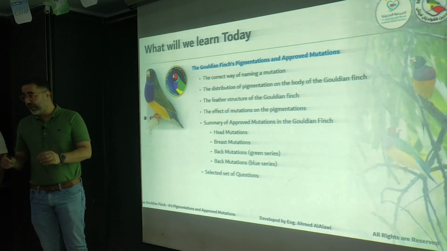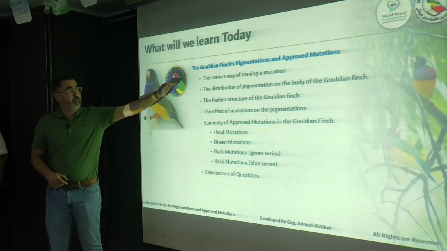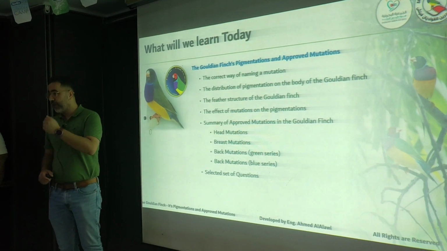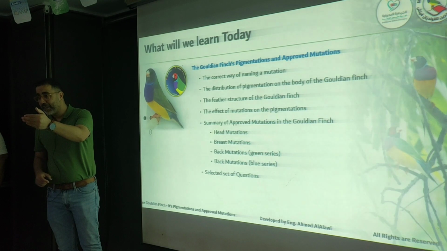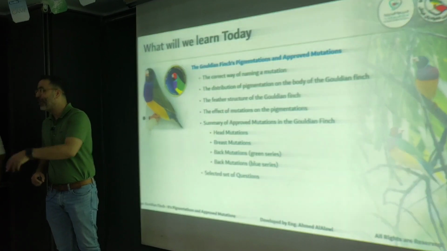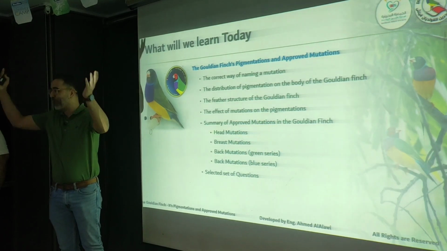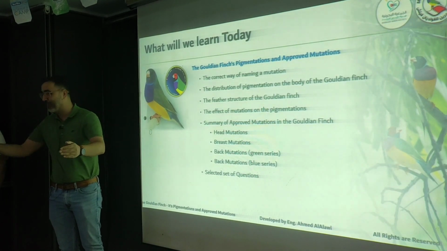Our agenda for today, what do I have in mind for us to learn together? Well, first, how do we call a mutation? Very briefly, what's the right way? Let's talk about international standards. Not only Pakistan, not only Bahrain, let's go global. What's the right way of saying this is this bird or that?